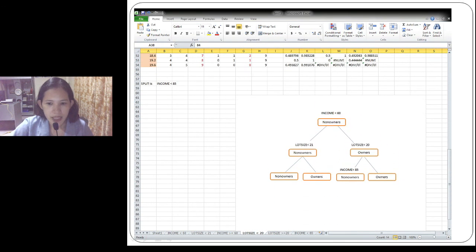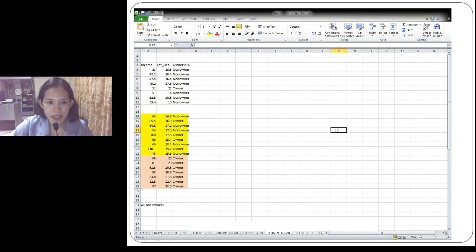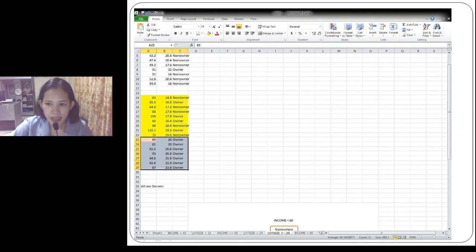Most of them are non-owners. Next, we will find the right side of our lot size is less than 20 node. So again, these are our data set, and we will use only the record that is highlighted in orange, and we can see that all those lot size greater than or equal to 20 are all owners.